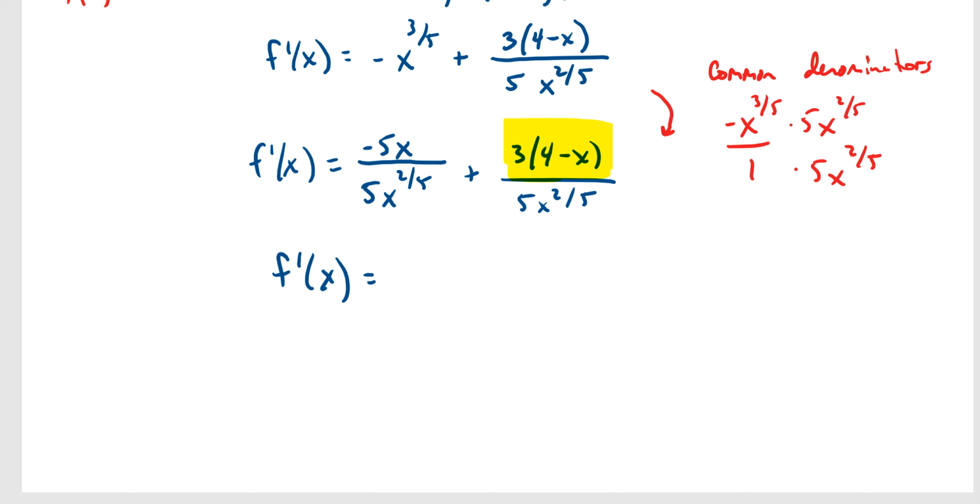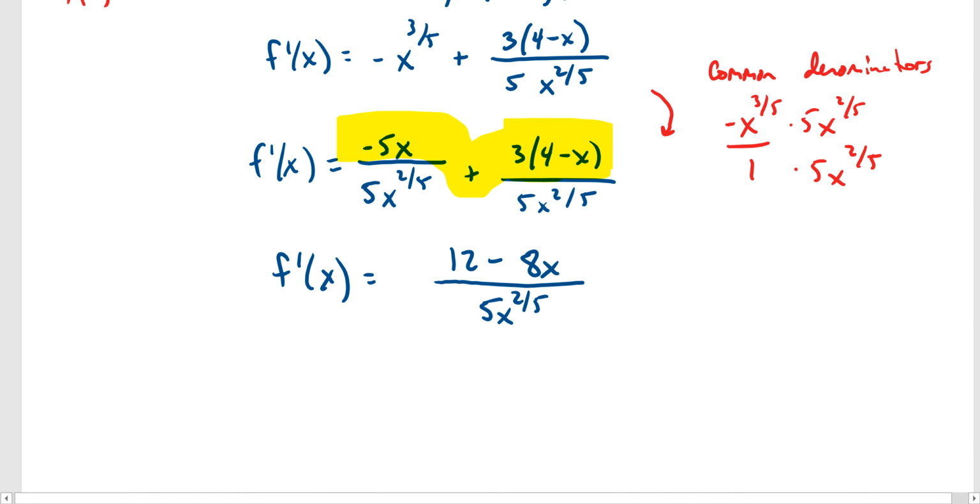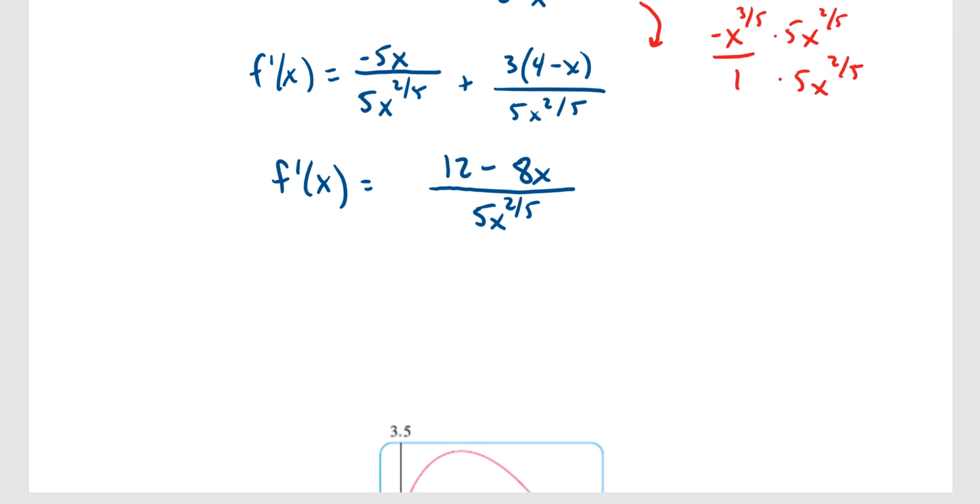Distribute this 3 and then combine like terms with that first term's numerator. And we would end up getting the derivative is 12 minus 8x over that common denominator. All right, so there's the derivative, nice and simplified.